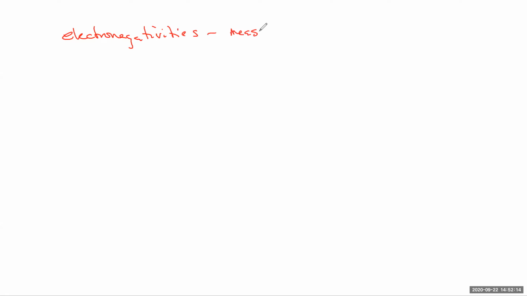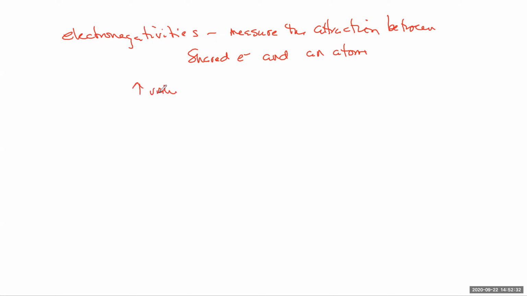Electronegativities measure the attraction between shared electrons and an atom, or you could say the nucleus of an atom. The higher the value of electronegativity, the stronger the attraction.